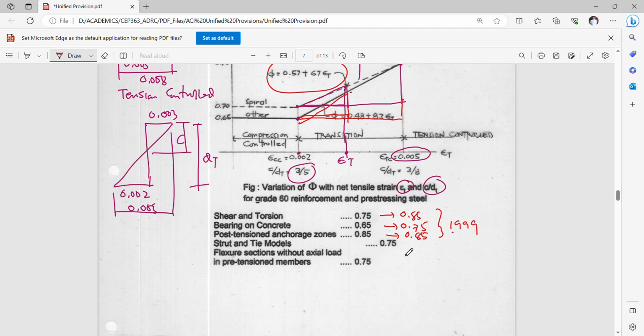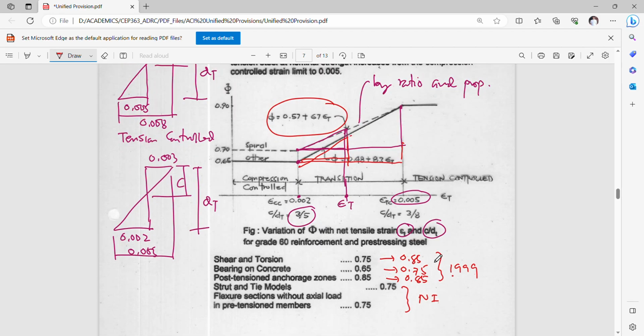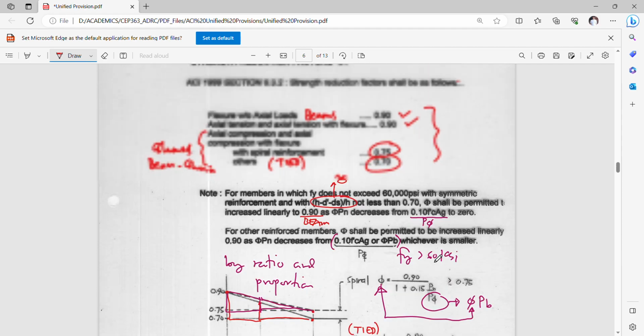Okay, so these are not included in the 1999 code. So that's the difference between the two codes as far as getting the phi factors is concerned.